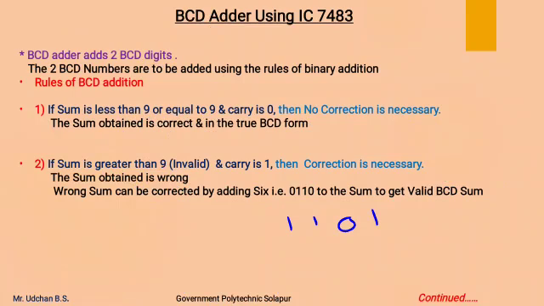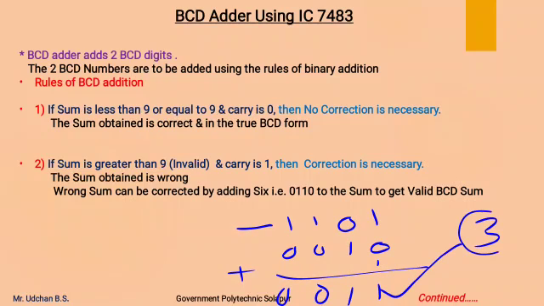Now we have to take the 2's complement of this number as carry is 0. So simply I can take the 1's complement of this as 0 0 1 0, and I will add a 1 into this to get 1 1 0 0. This is a 3.